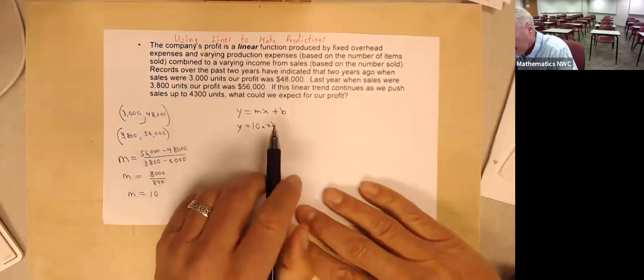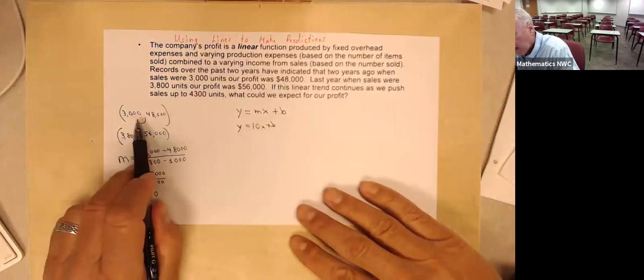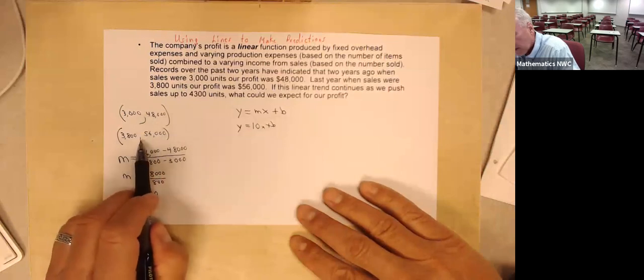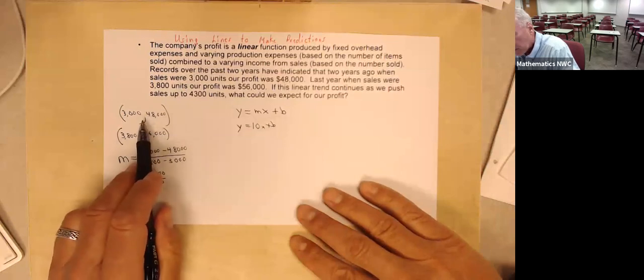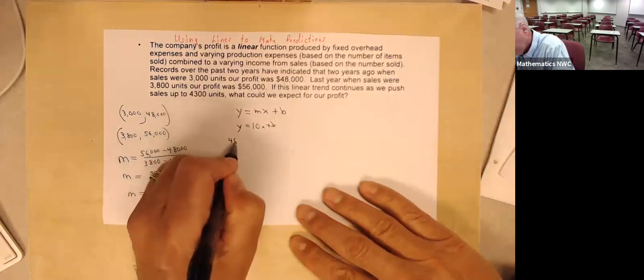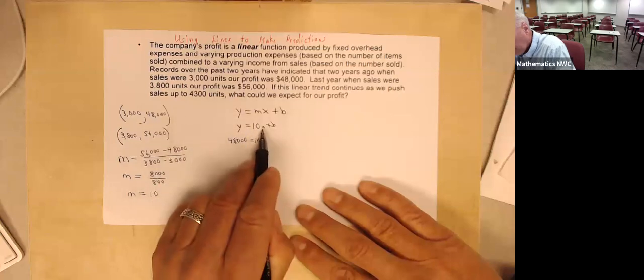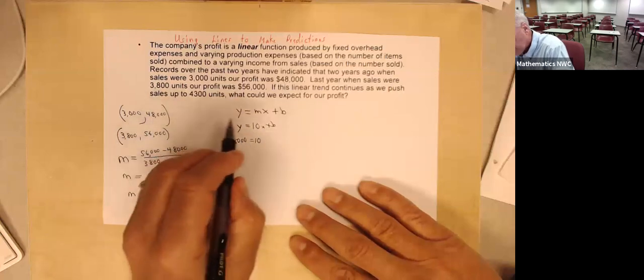Now I can find the y-intercept b by putting in either the top point or the second point. I'm going to choose the top one. The y is 48,000. The x is 3,000.